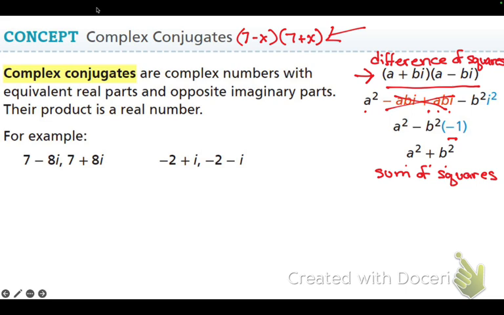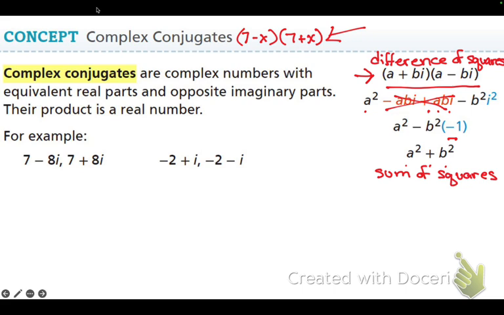So first of all, we're going to talk about the examples. I have 7 minus 8i, 7 plus 8i. Negative 2 plus i, negative 2 minus i. The sign of the first term has to remain the same. It's the second term that has the positive and negative. If you change the positive and negative on the first term, it is not going to multiply out. Conjugates always come in pairs.